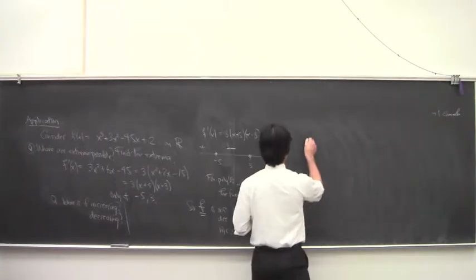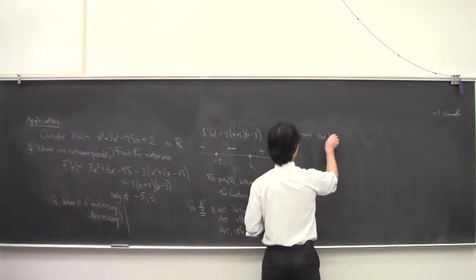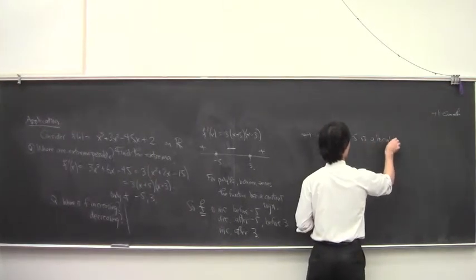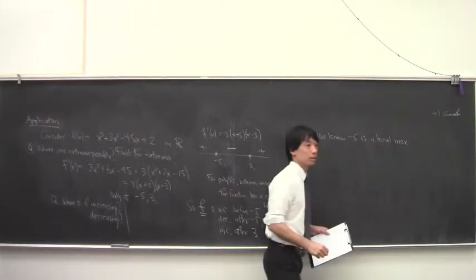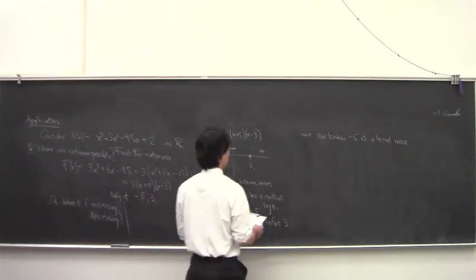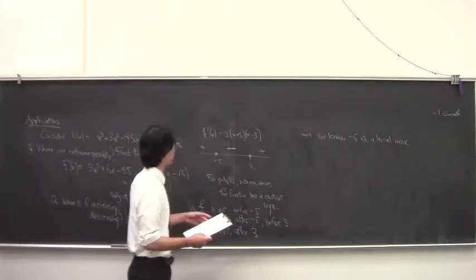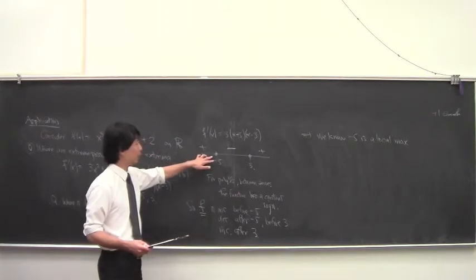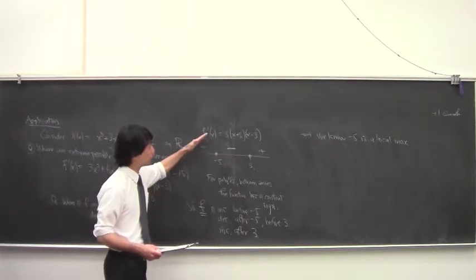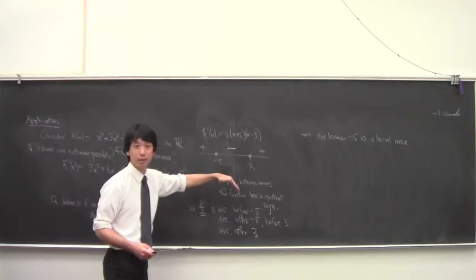So we know -5 is a local max, right? Because f prime was positive before and negative after, so f is increasing before and decreasing after, right?